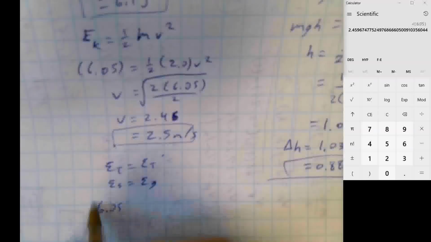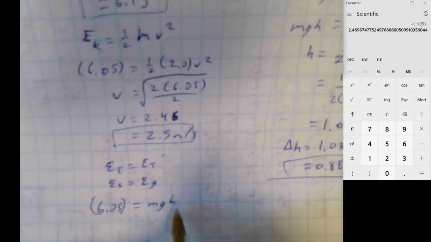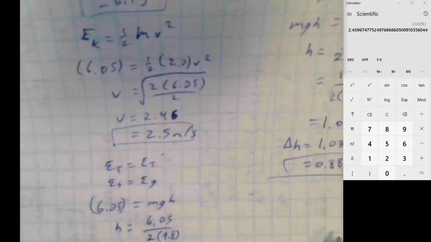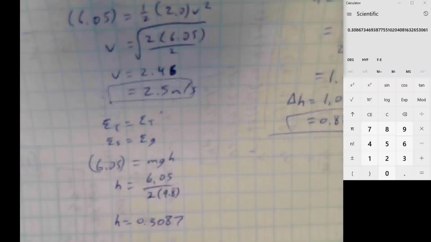So I have 6.05 equals mgh, and my h is 6.05 divided by 2 divided by 9.8, which gets me to 0.3086 as my height. I'll just round it like that. But this is my height that I travel up the ramp.